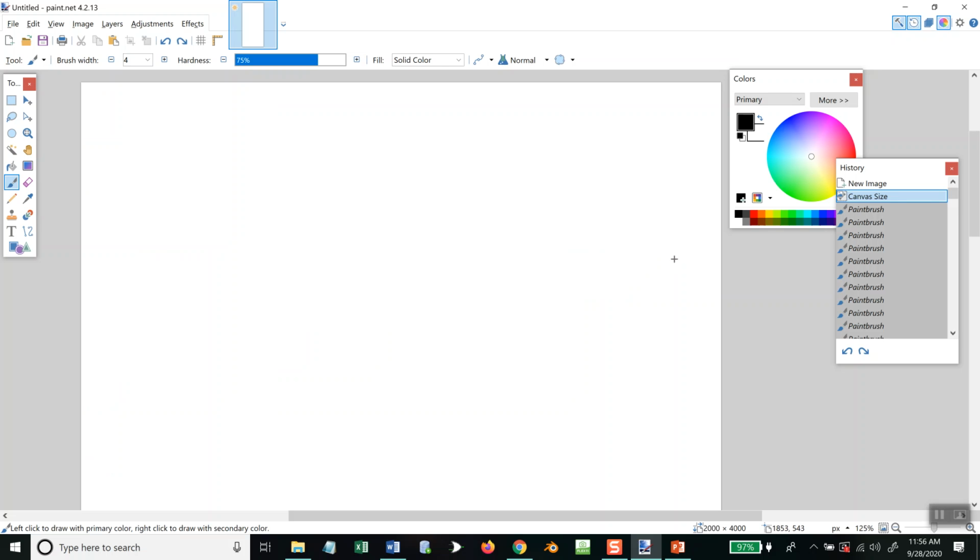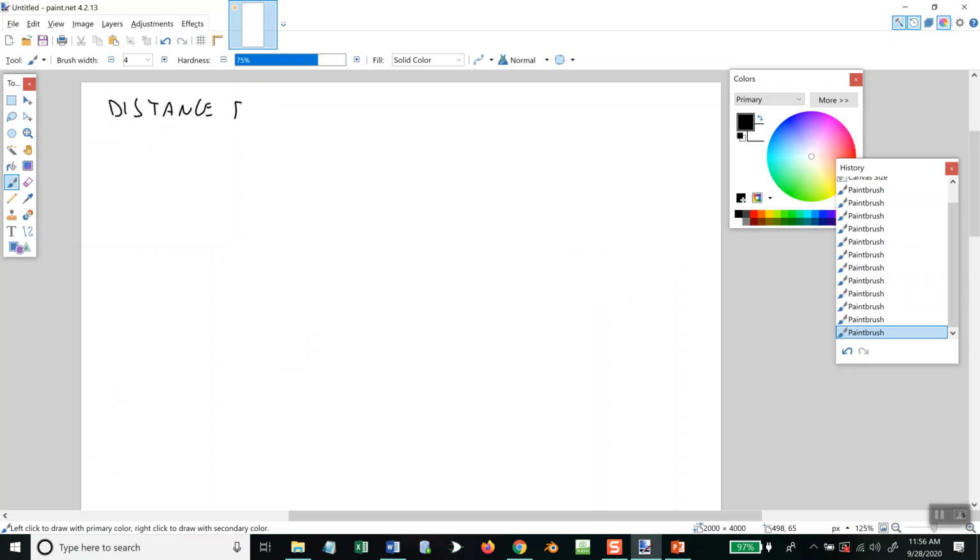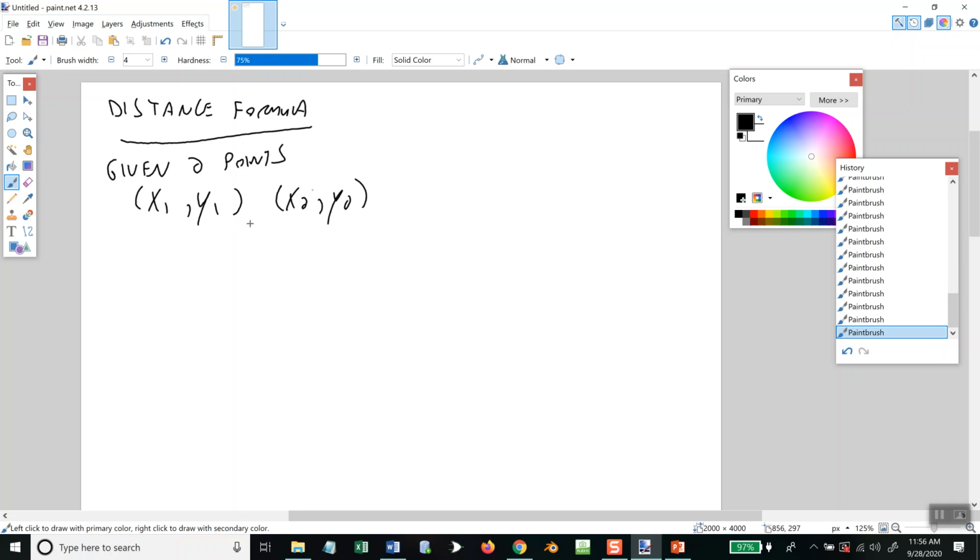Now our distance formula says, given 2 points, x1, y1, and x2, y2, the distance is equal to the square root of y2 minus y1 squared plus x2 minus x1 squared.